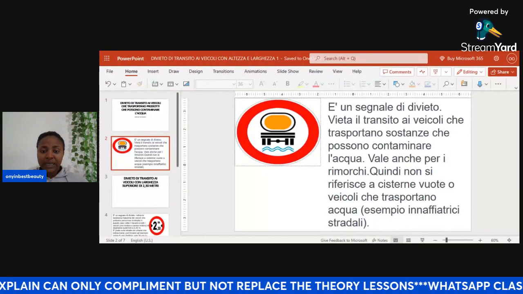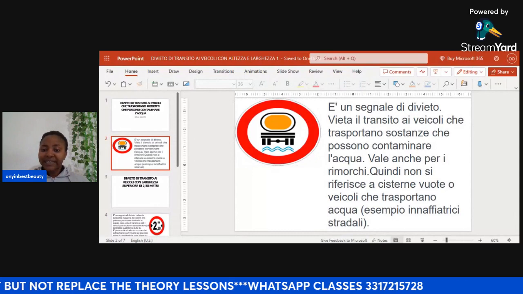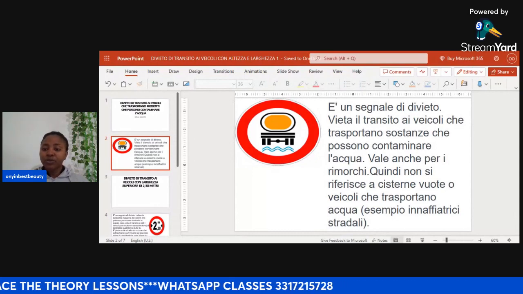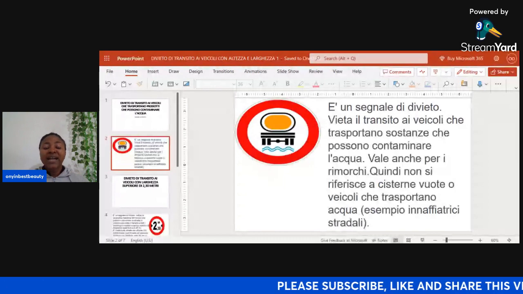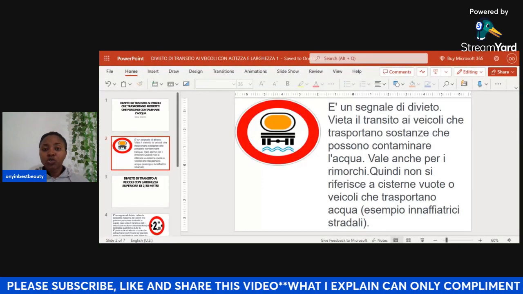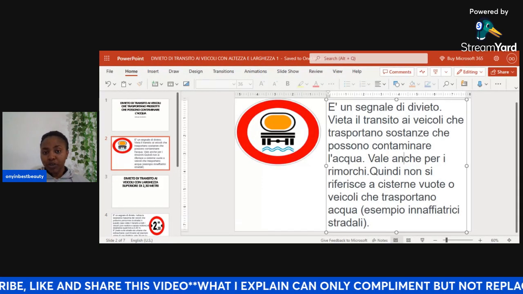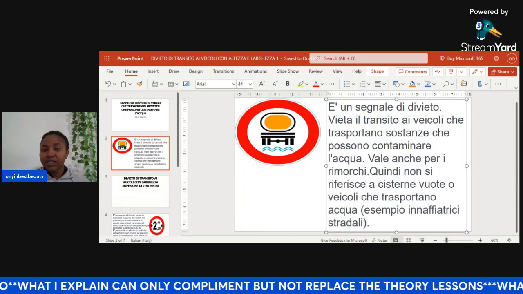It says, un segnale di divieto vieta il transito ai veicoli che trasportano sostanze che possono contaminare l'acqua. This forbids vehicles that carry substances that can contaminate water from accessing this road. On seeing this sign, you should know that it is forbidding this set of vehicles that carry substances that can contaminate acqua.